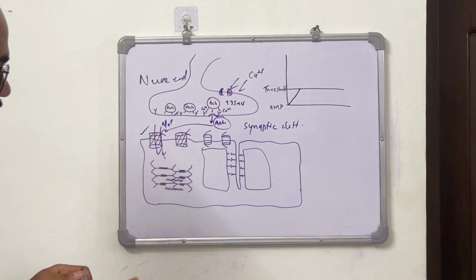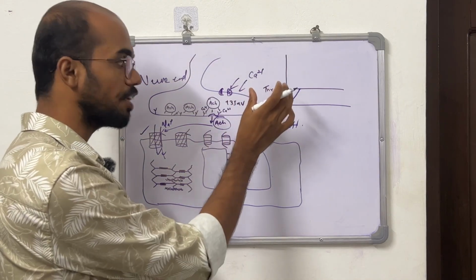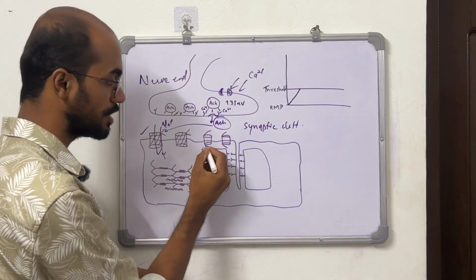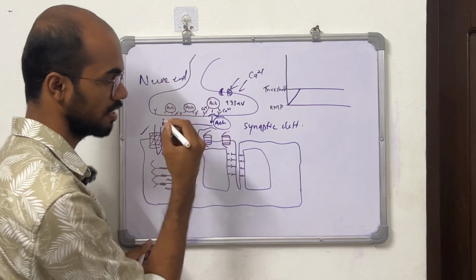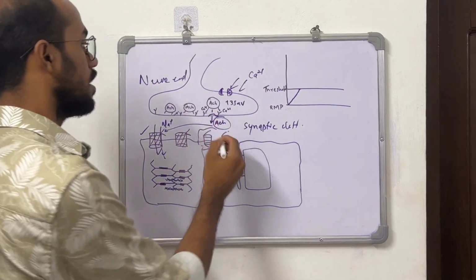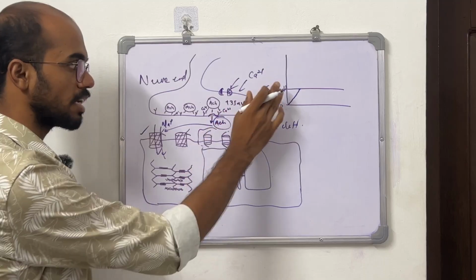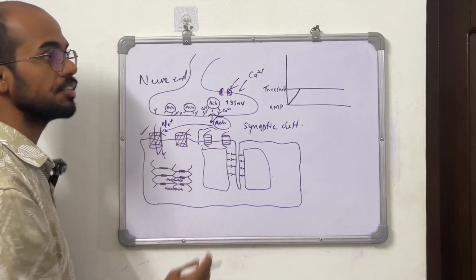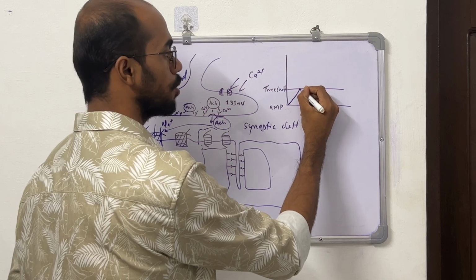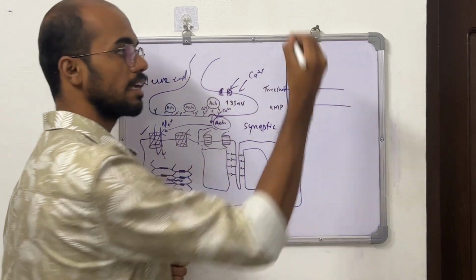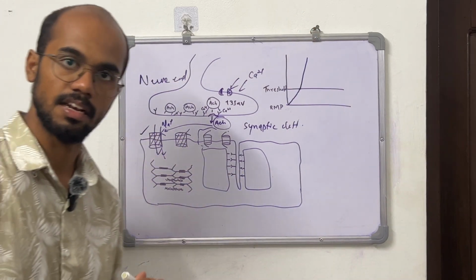When the membrane potential reaches the threshold level, which is the voltage required for the activation of our voltage gated sodium channels present on the nearby side, there is further influx of sodium, thus leading to the membrane potential generating an action potential.